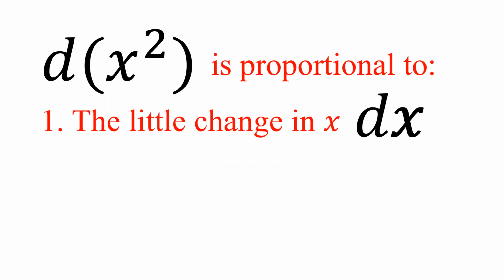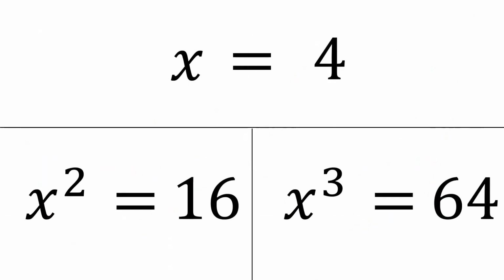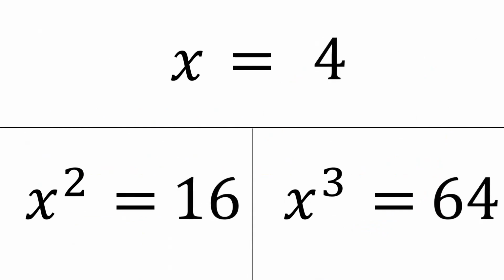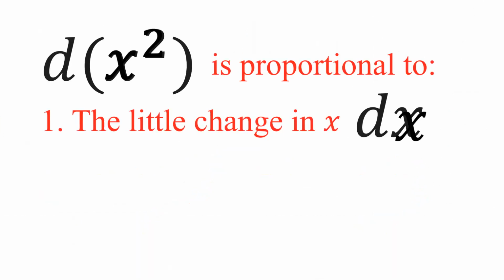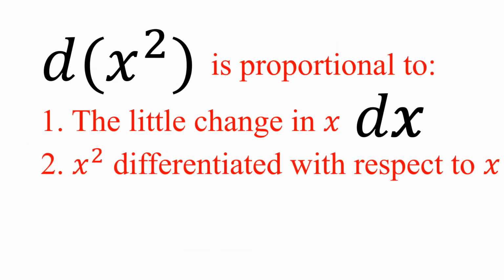Of course, from the graph and from the numerical example, we noticed that x cubed grows so much faster. That means x cubed has a bigger rate of change compared to x squared. And what was the rate of change? It is x squared differentiated with respect to x.